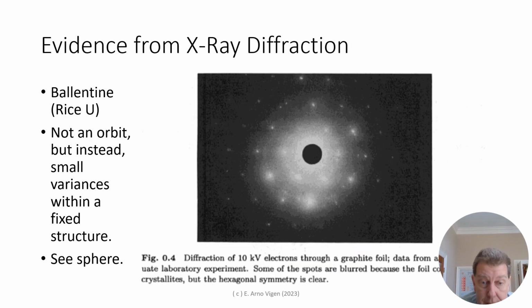Now, if you take that, there's some evidence that these are not orbits, which is what Bohr decided, and has been the description even in today's texts. They keep on going back to call them orbitals and things like that. This is a picture from Ballantyne at Rice University, and basically he did an X-ray diffraction, and those don't look like they're orbiting.